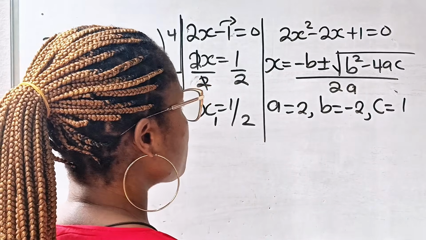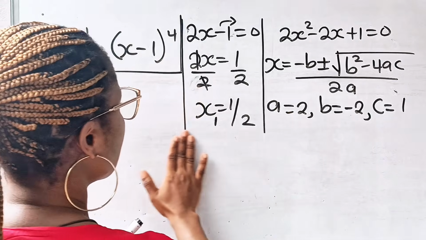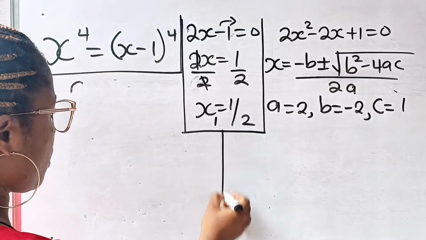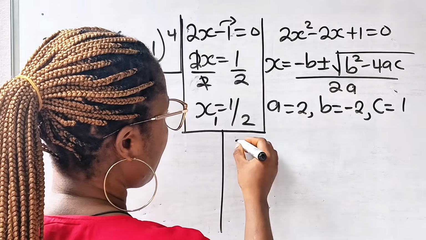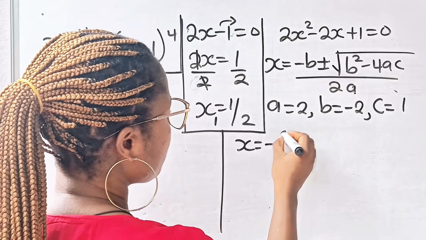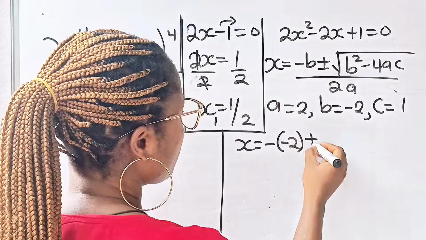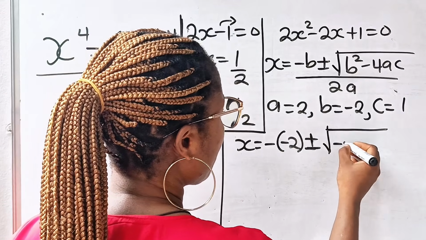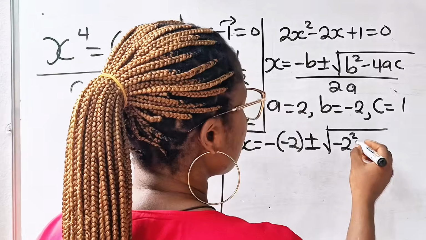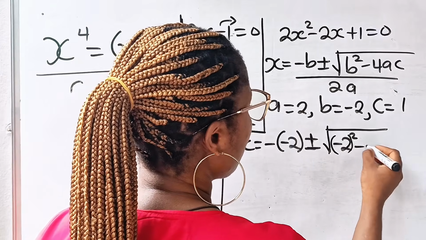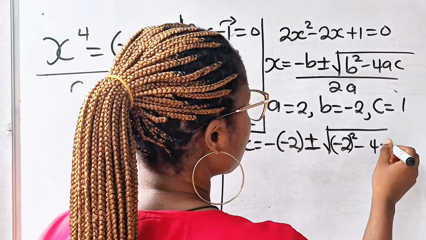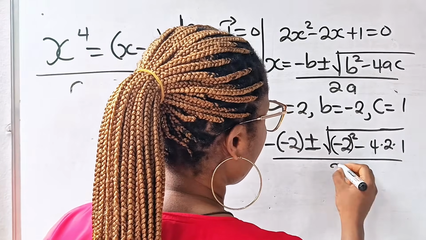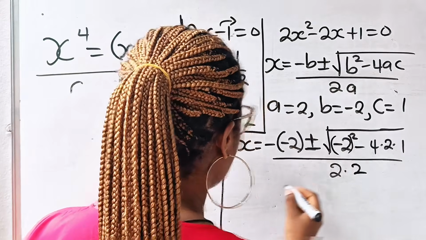So we are going to substitute this into the equation. We have x is equal to minus (-2) plus or minus the square root of (-2) squared minus 4 multiplied by 2 multiplied by 1, divided by 2 multiplied by 2.